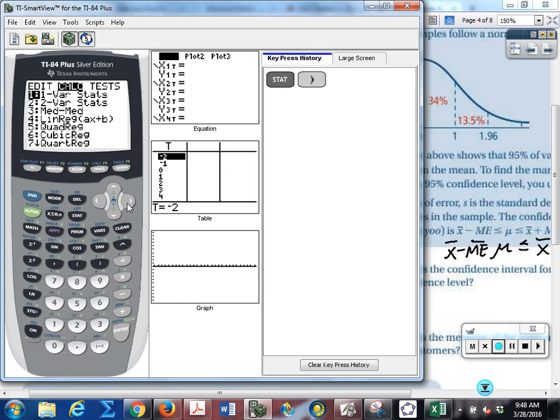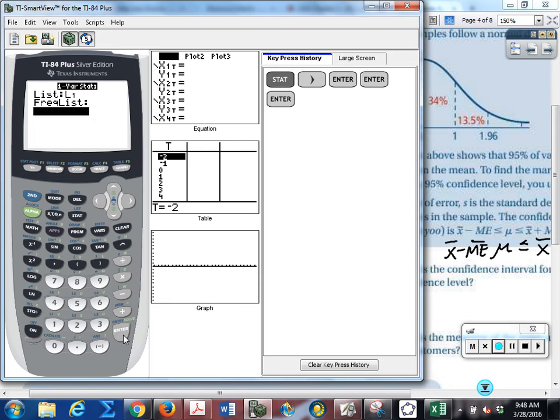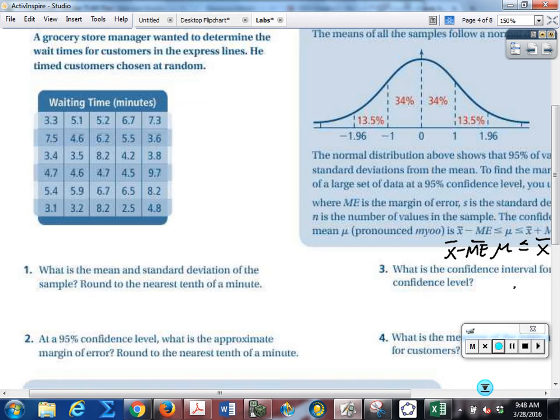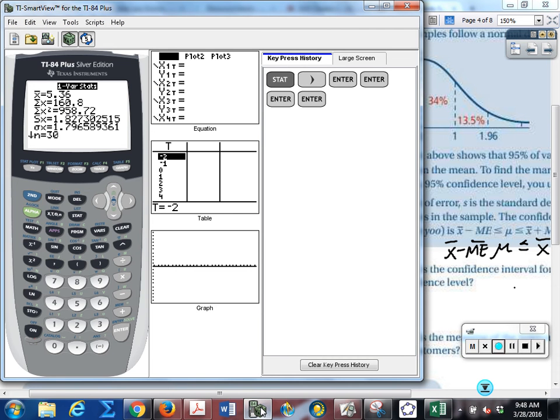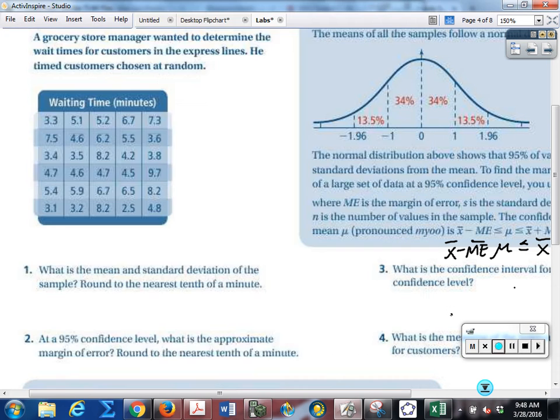So remember the standard deviation we want to use is this one, sigma. And this says round to the nearest tenth of a minute. So we're just going to have 1.8 as our standard deviation.